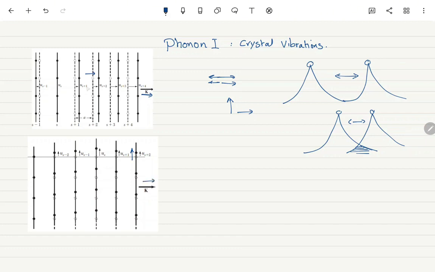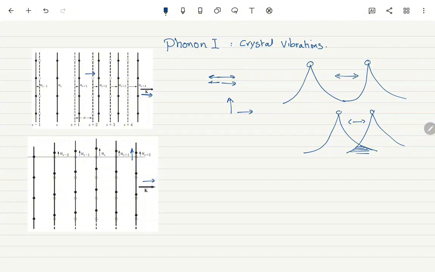Now u in this case is called the displacement, and the displacement in the first case is in the same direction as the wave propagation, so the wave is longitudinal. For the second case, the displacement is perpendicular to the wave vector, so it is a transverse wave.